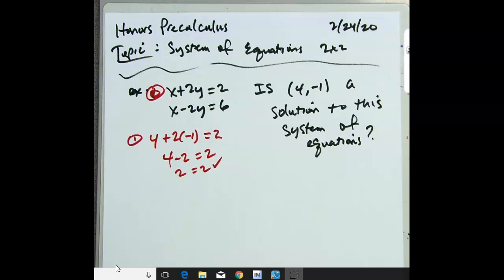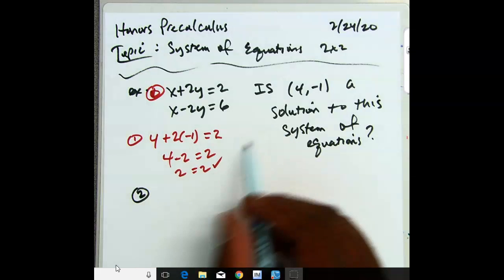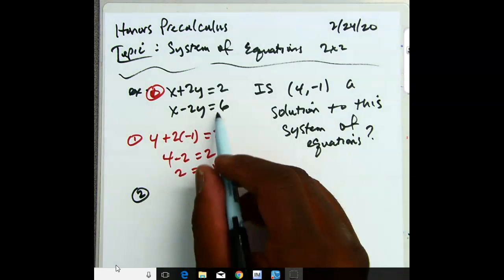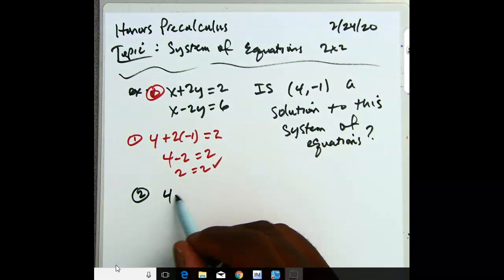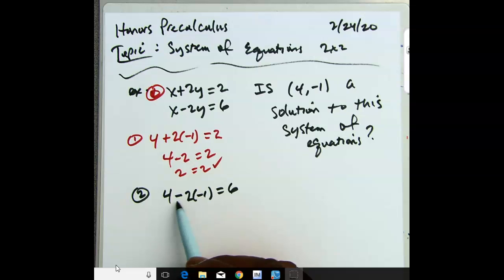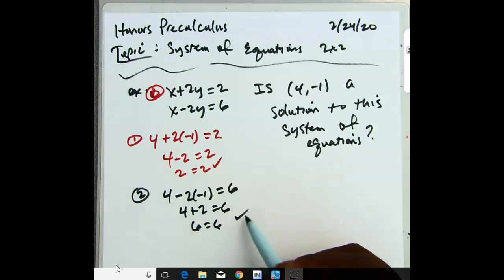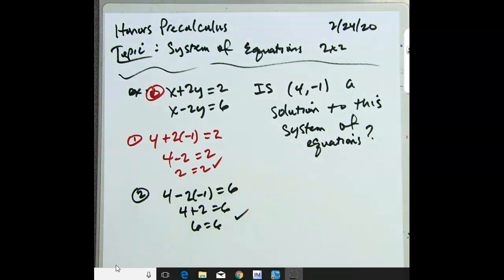But in order for this 4, negative 1 to be a solution for the entire system, it has to be true for both equations. So now we plug it into equation 2. You have x minus 2y, x is 4, so 4 minus 2 times negative 1 is equal 6. Negative 2 times negative 1 is a positive 2. 4 plus 2 is equal 6. 6 equals 6. So that's a true statement also.